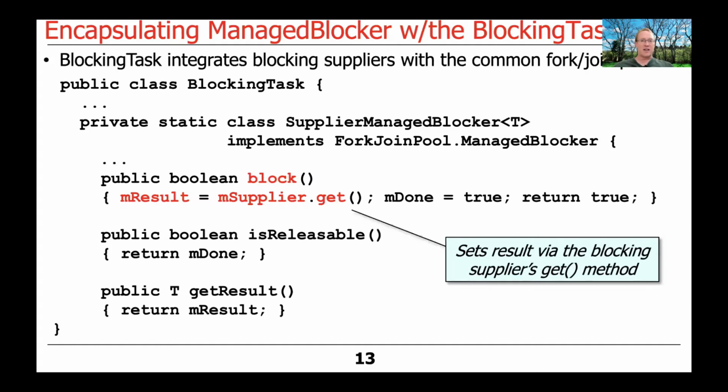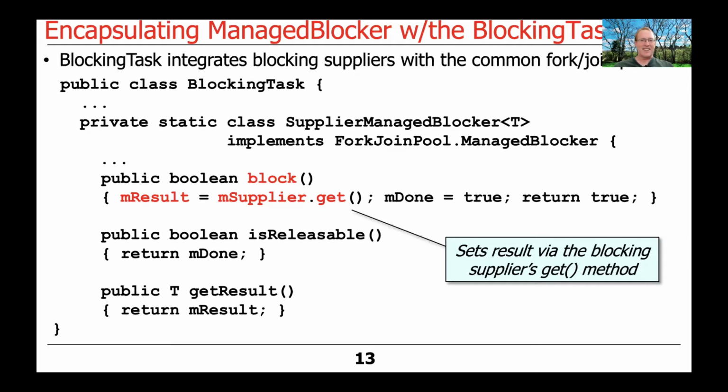Now let's take a look at the key methods. This is the method that does the most important thing. This is the block method. And what it does is it goes ahead and calls mSupplier.get. And of course, the supplier is whatever you passed in. So this call can do whatever we need. It might download a file from a remote web server. It could do the queue taking stuff that we saw before.